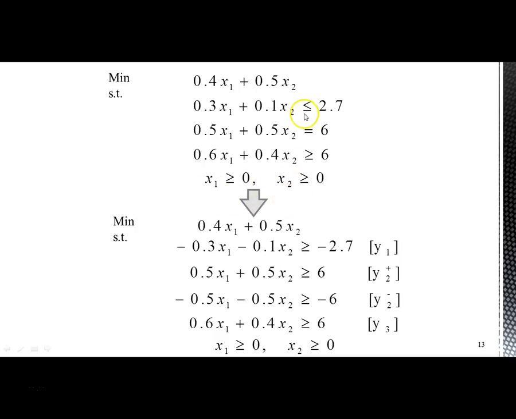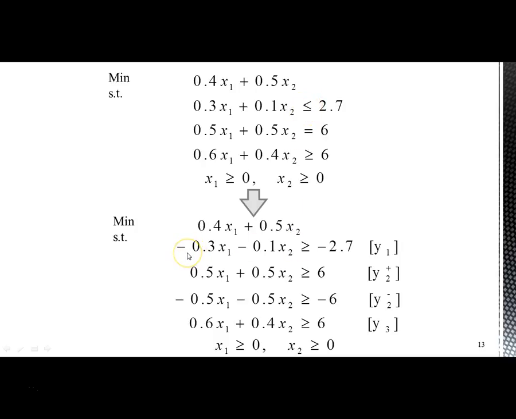Now what happens? We have a less than or equal to, we have an equality, and another is a greater than or equal to. So how are we going to deal with this one? First of all, we are going to convert these to the same inequalities. We are going to take the negative sign on both sides to make it all greater than or equal to.